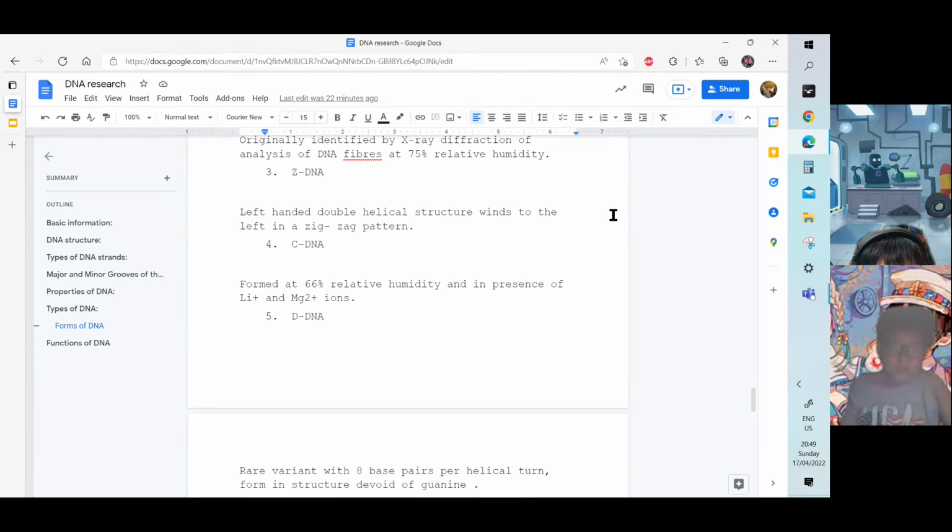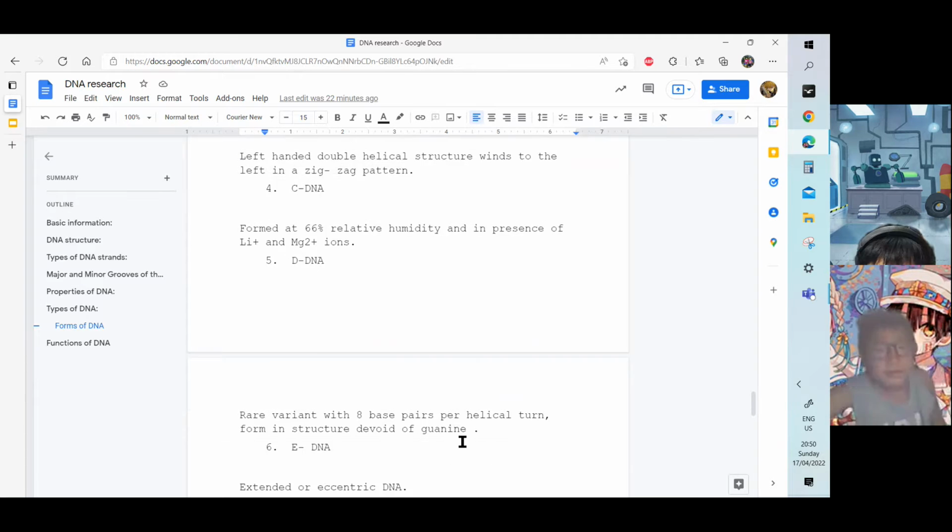Left-handed double helical structure that winds to the left in a zigzag pattern. 4, C-DNA. Formed at 66% relative humidity in the presence of Li+ and Mg2+ ions.